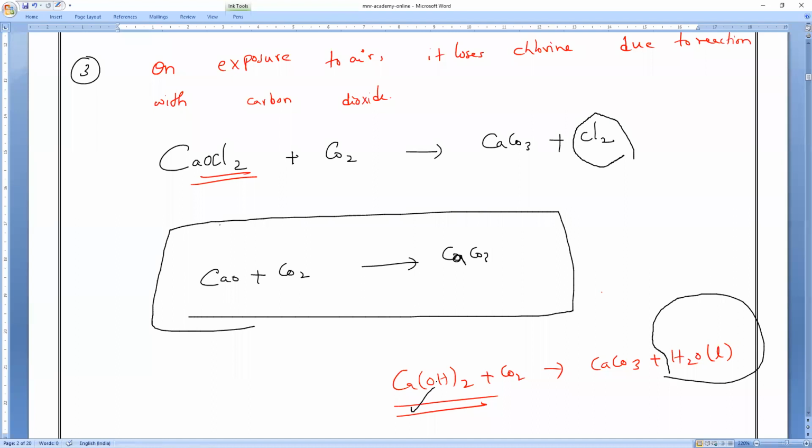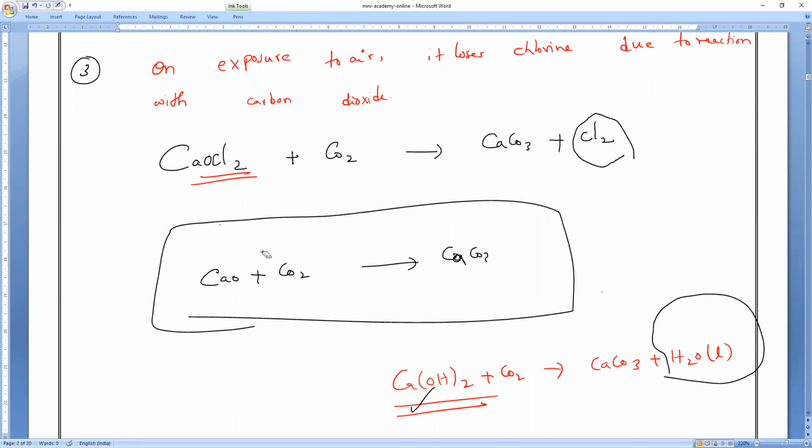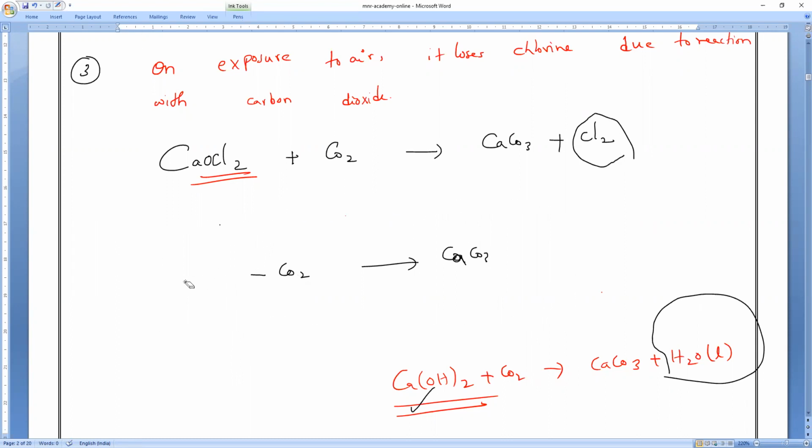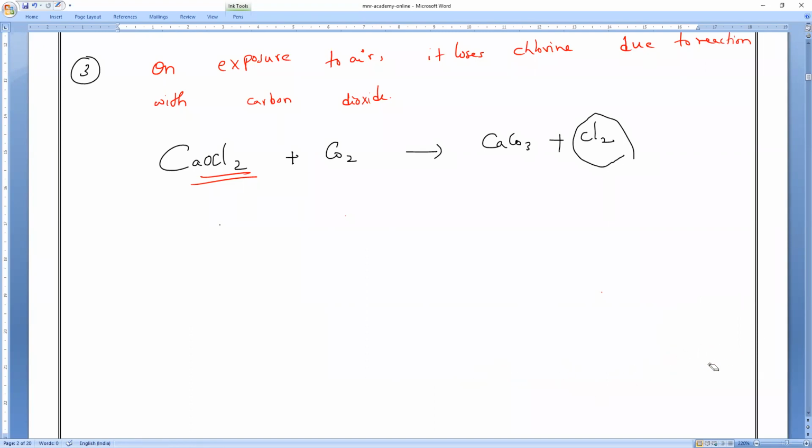So you have to be very careful when you are answering the question. That is why interconnecting the concepts is very important. In Chemistry class 10th, every chapter has an interconnection. There is no separate chapter that does not have any interconnection between the chapters. That is why you should learn. Do you understand now how I specified? You write the question. So three equations we can write for formation of calcium carbonate.